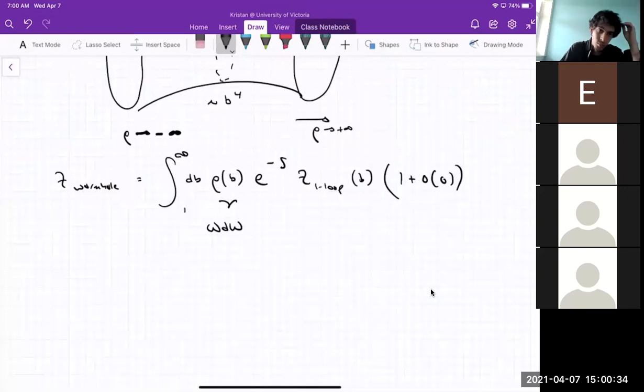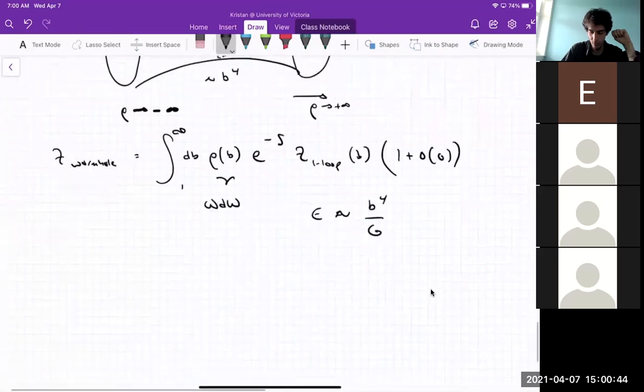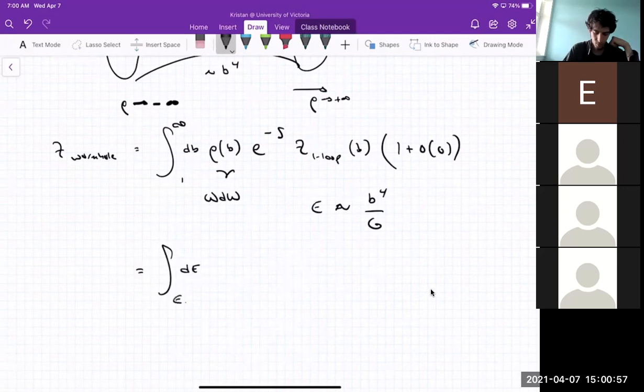So the energy that one has goes as, in this case, b to the 4 over g. And if you convert from b, this bottleneck size, to energy, you can write this wormhole amplitude as an integral over energies where there's a minimum value, going up into the sky.